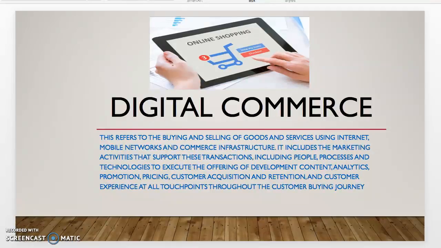We go to digital commerce. This one refers to the buying and selling of goods and services using internet, mobile networks, and commerce infrastructure.